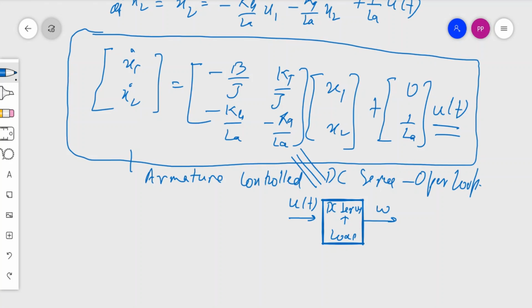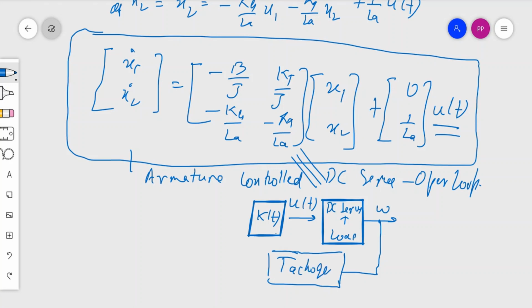Before this you can have the controller transfer function, then the measurement of the output speed through a tachogenerator, then the comparison with the reference input.